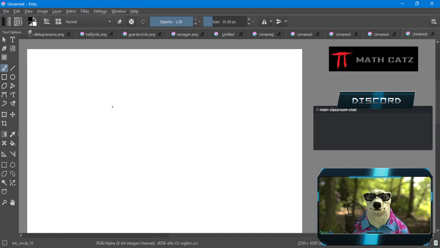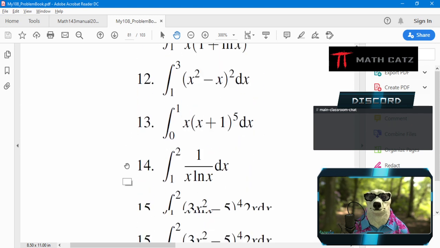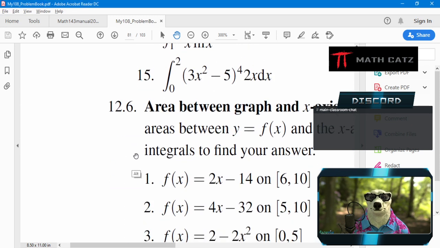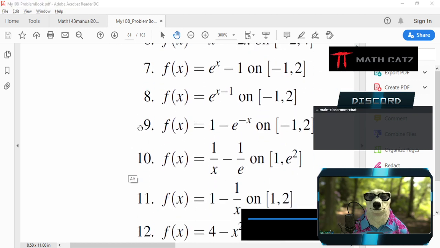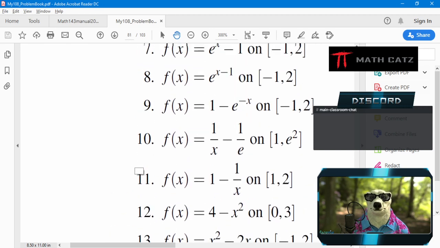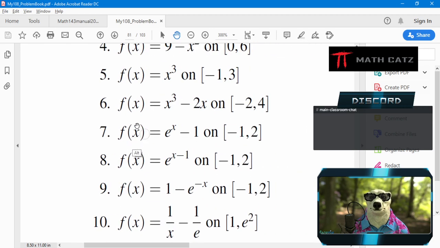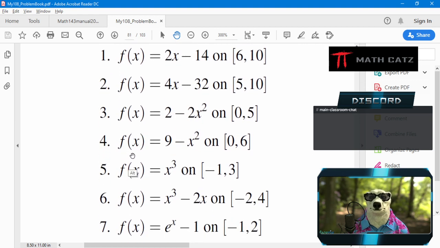So now we're looking at the area questions. And you see there we have a whole bunch of them. We'll worry about the two graphs in a little while. Not today. So let's pick something.